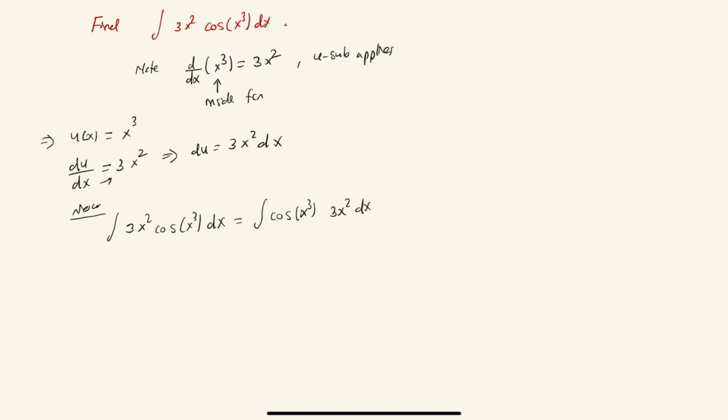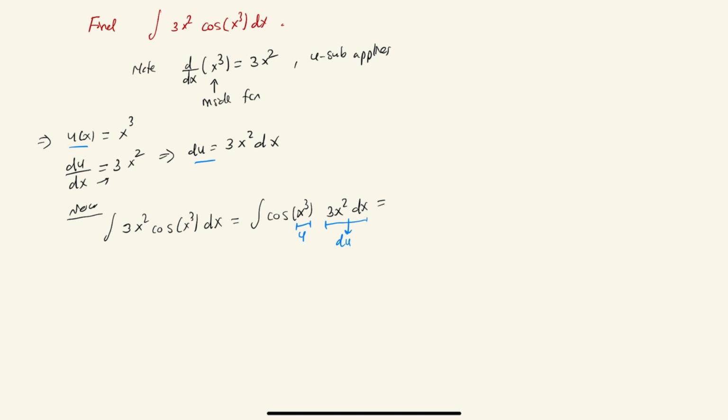Now we can see clearly that 3x squared dx is going to be equal to du, and then x cubed is going to be equal to u. So the substitution is going to be equal to the integral of cosine of u du.